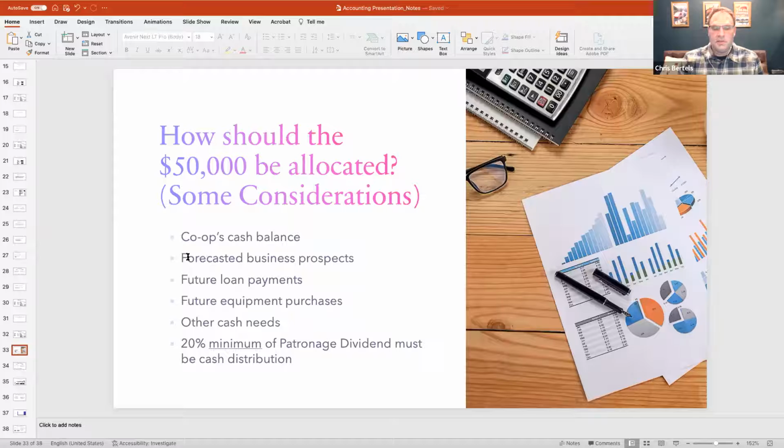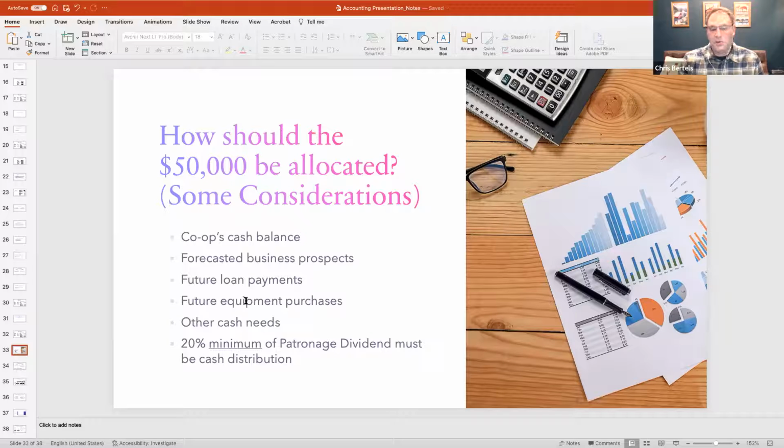Another thing is forecasted business prospects. If you have a bakery opening up across the street from you, then you would expect that the business is not going to make much money in the future years. So that's going to influence how much you allocate. You also need money for future loan payments.